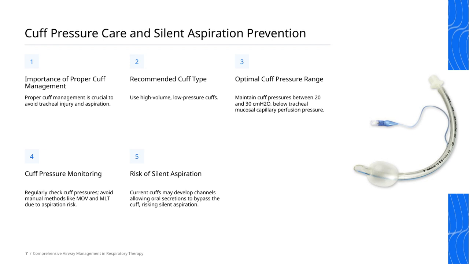When selecting cuffs, high-volume, low-pressure cuffs are recommended. These cuffs distribute pressure more evenly, reducing the risk of tracheal injury and improving safety. Overall, proper cuff management is crucial. It helps prevent not only aspiration, but also tracheal injury, ensuring better patient outcomes and safer respiratory therapy.